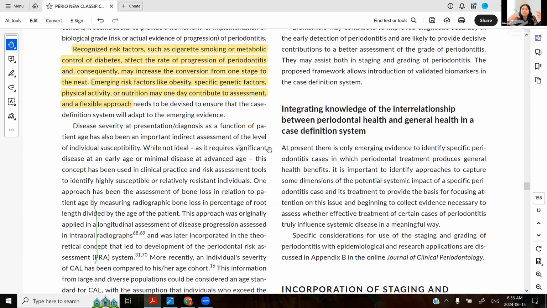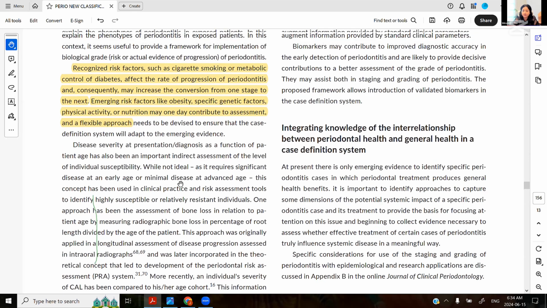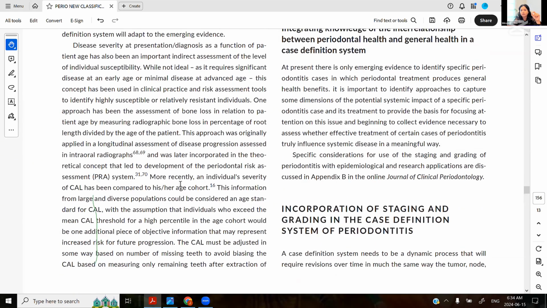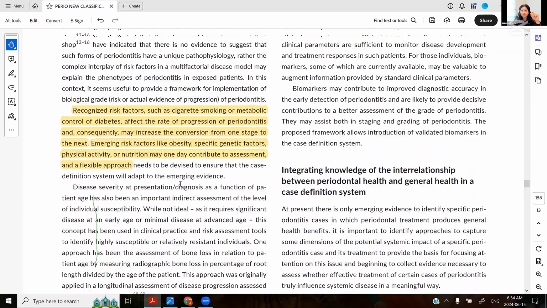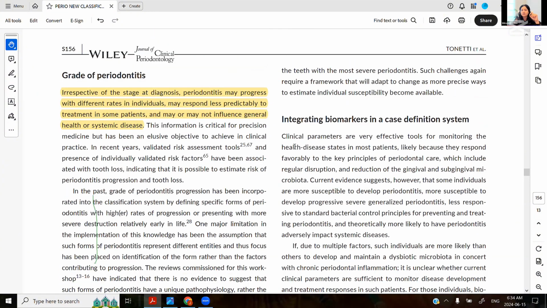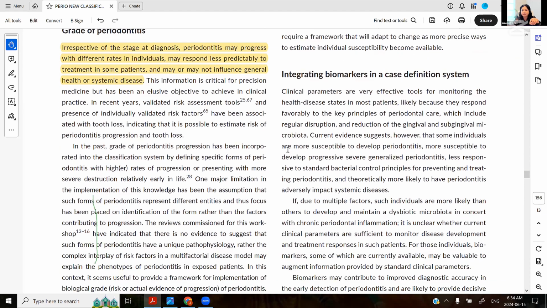There are some emerging risk factors also, which is obesity, then specific genetic factors, physical activity, nutrition, but they are not yet part of the classification because there probably is more evidence that's required for them to immediately be part of the established risk factors. Right now, it's smoking and diabetes, which are the established grade defining risk factors.